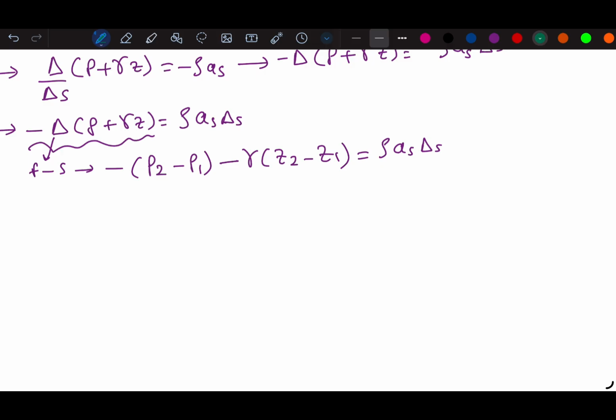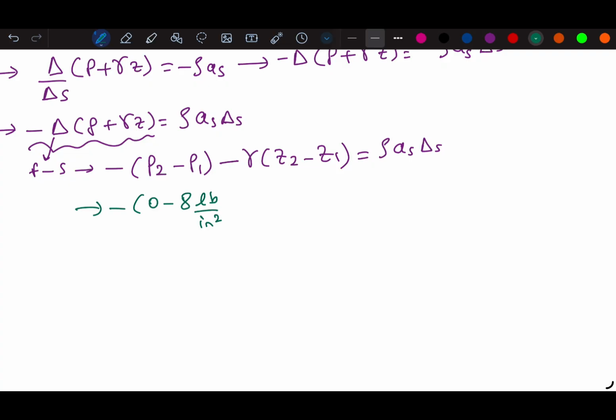And let me write what we have. So we have minus P2 was 0. We have 8 PSIG. Actually, let me write this pound over inch square.